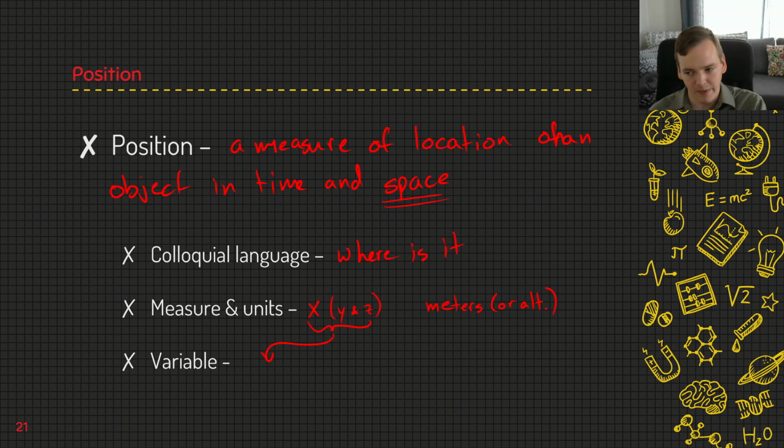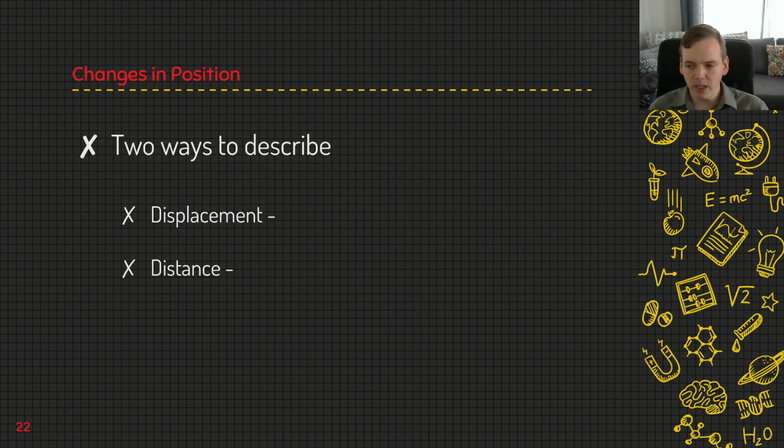If we start changing our position, there are two ways to describe that. One is displacement, and this just cares about a straight line between initial and final.